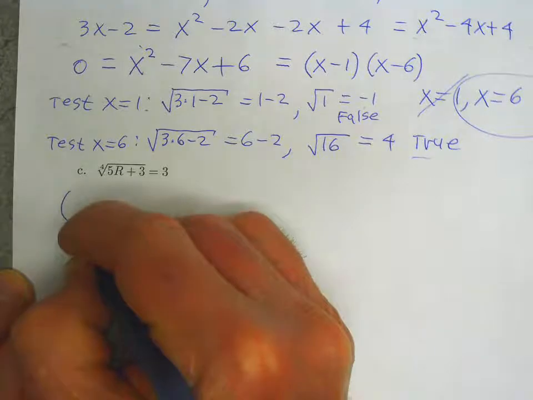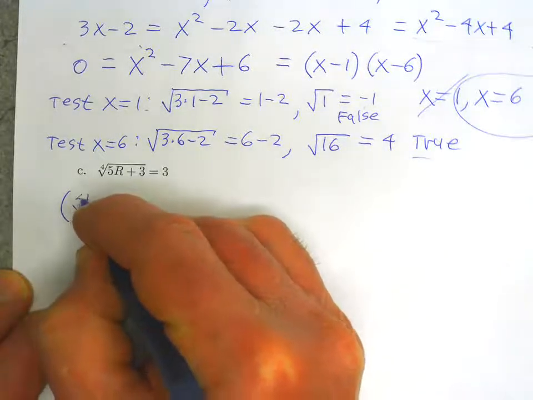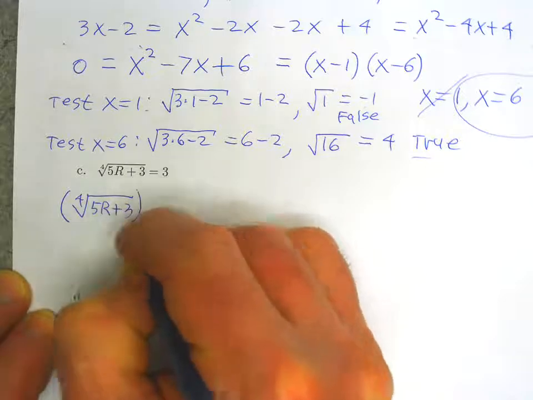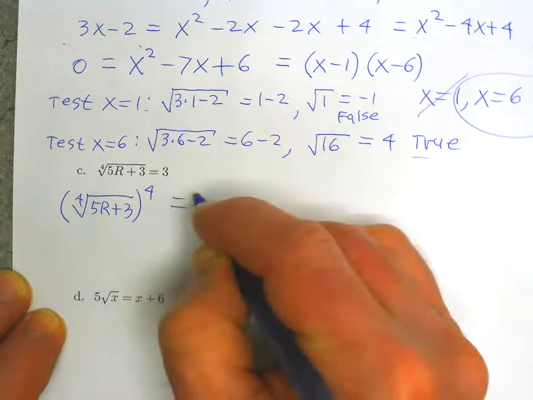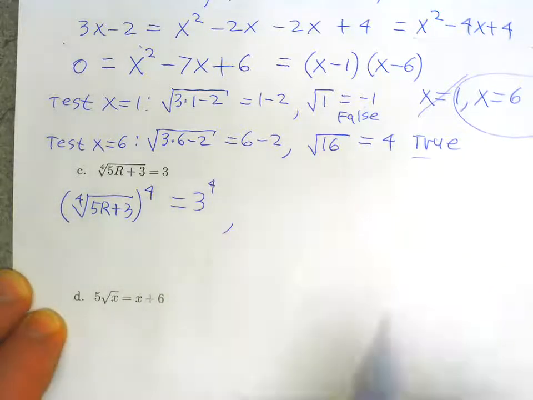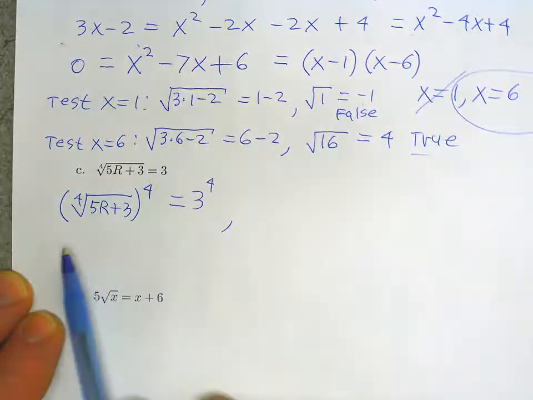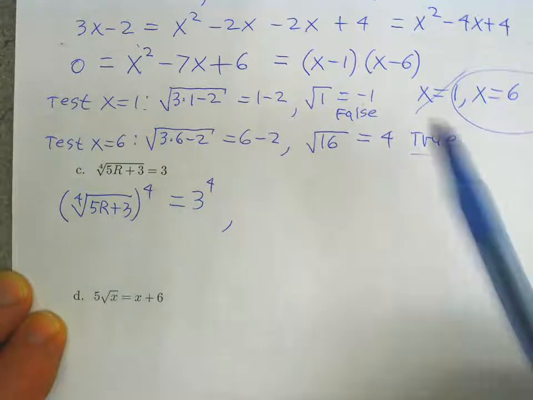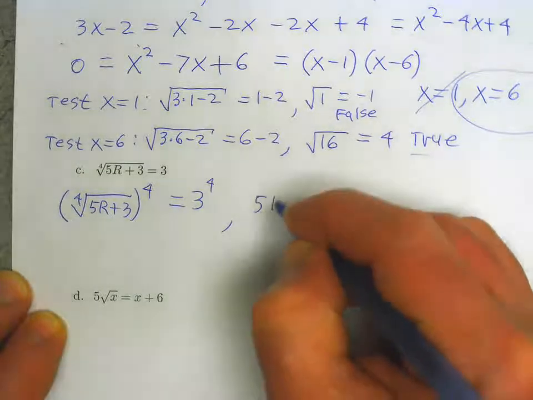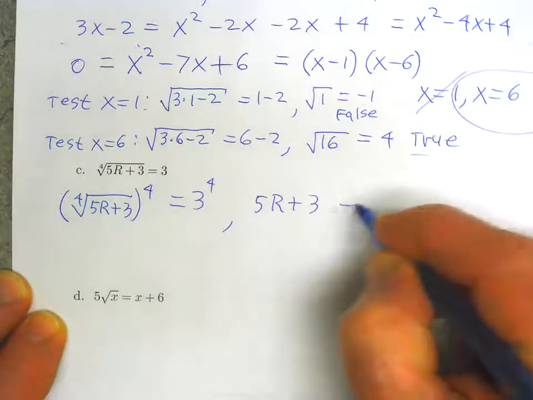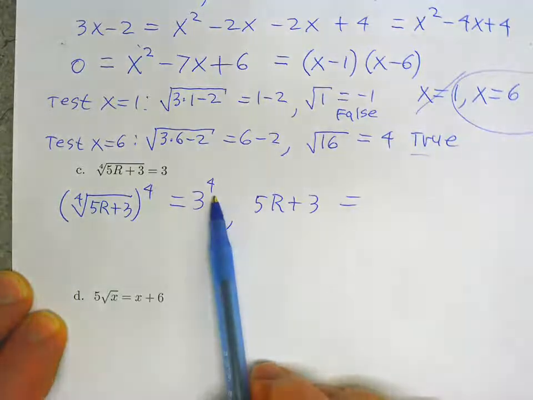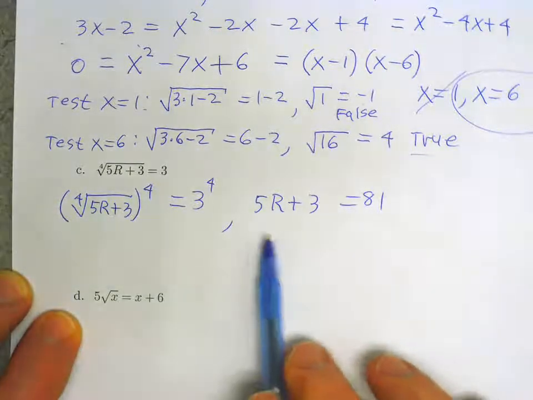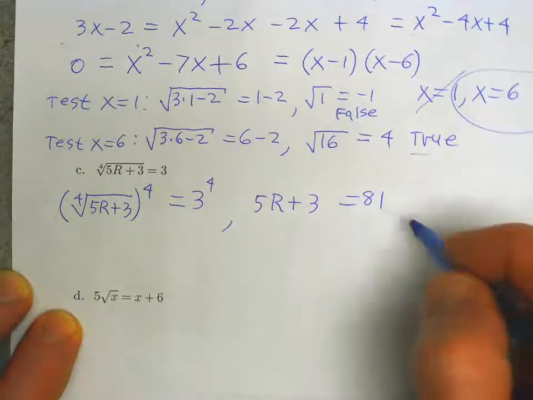Okay, so we raise the left-hand side, the fourth root of 5r plus 3, to the fourth, equals 3 to the fourth. And then when we raise the fourth root of 5r plus 3 to the fourth, we just get 5r plus 3. And on the right-hand side, 3 to the fourth is 81.